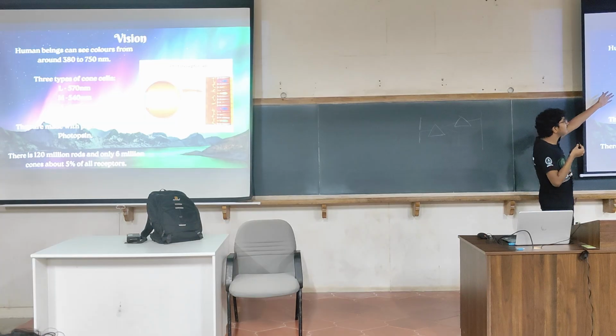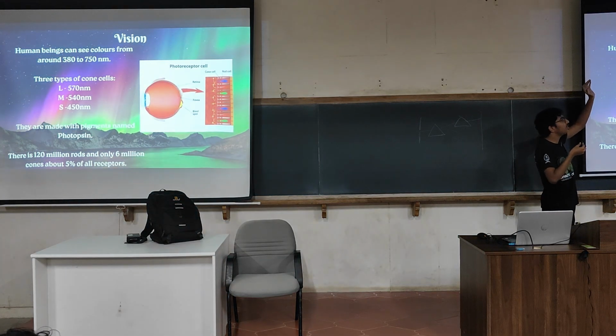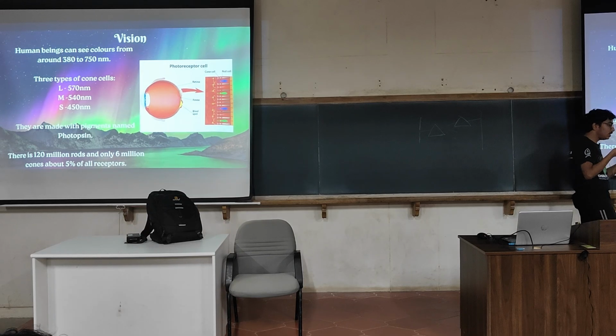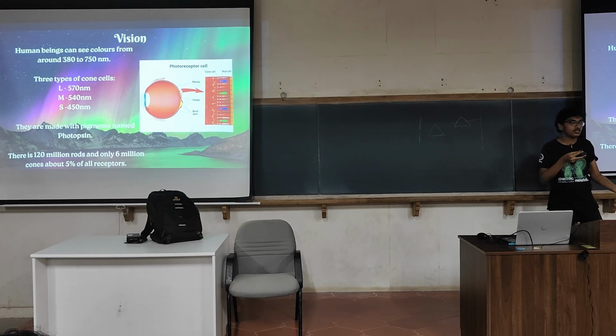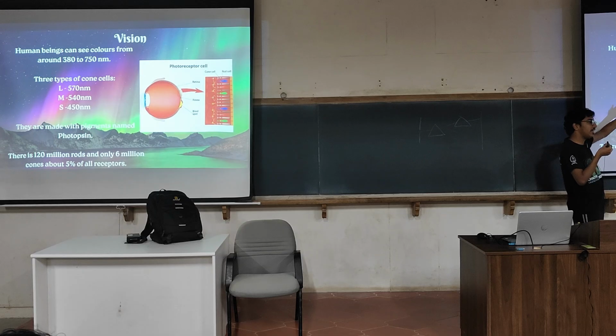Human beings can see colors from about 380 nanometers to 750 nanometers. There are 2 types of optical receptors: rods and cones. Rods help us detect light, giving us a black and white image, and cones give us colors. There are three types of cones: the L cone, M cone and S cone.